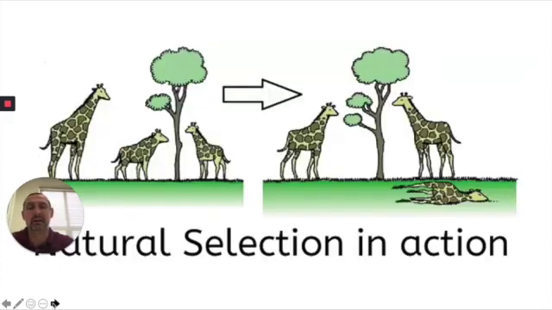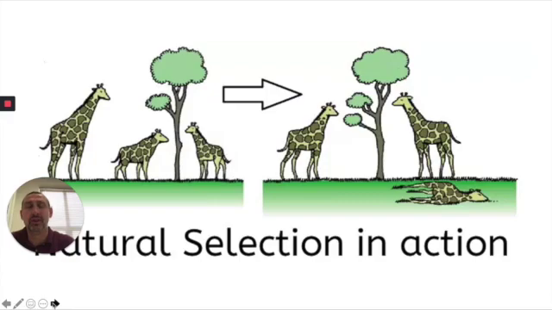So let's see if we can look at some examples and see how this might play out. So first we have some giraffes. Notice in the first picture, there is some variation in the population. Some giraffes have long necks, some short, some medium, but there's variation within that population. A second then, those variations, the genes for neck length, have to be able to be passed on to the offspring. All right, third, we're going to have some selection pressure. So let's say it's a drought, or let's say there's a scarcity in food.